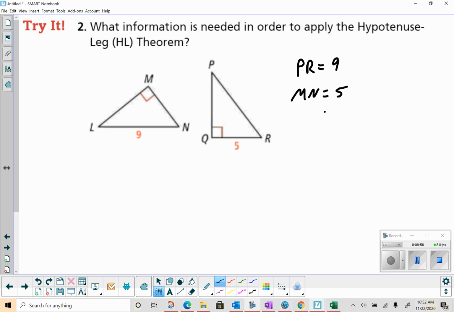Now, to me, it's not 100% clear here. They did not give us a triangle congruence statement to start off with here. You could make, I think, an effective argument that segment LM is 5. And then we could say that the two triangles are congruent by the hypotenuse leg theorem. Okay.